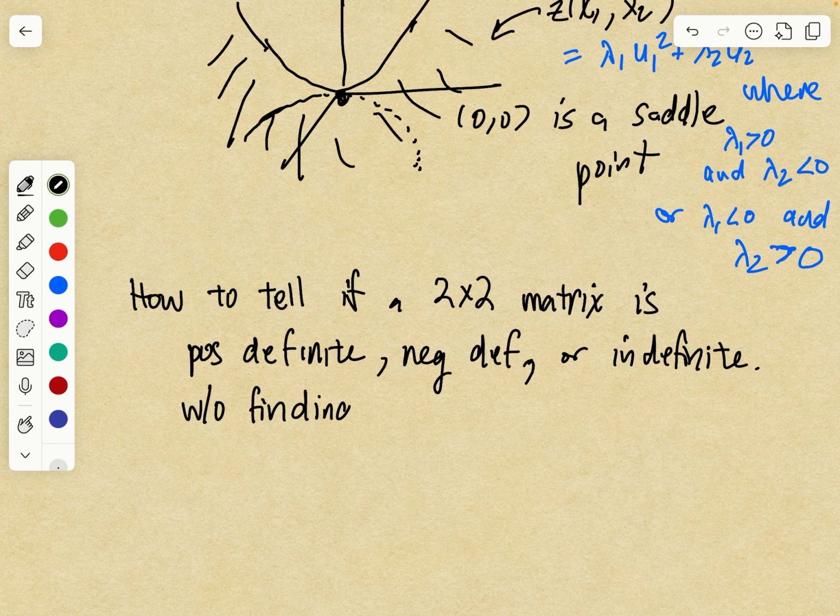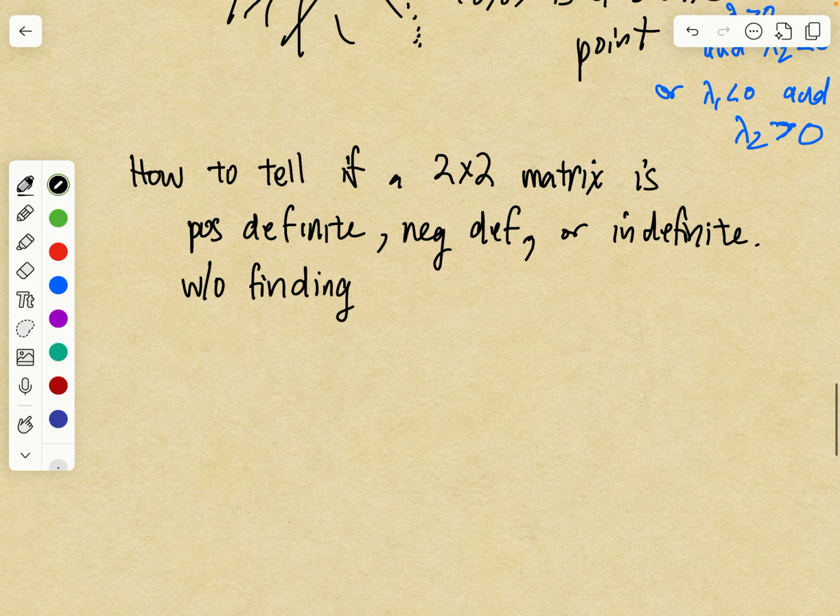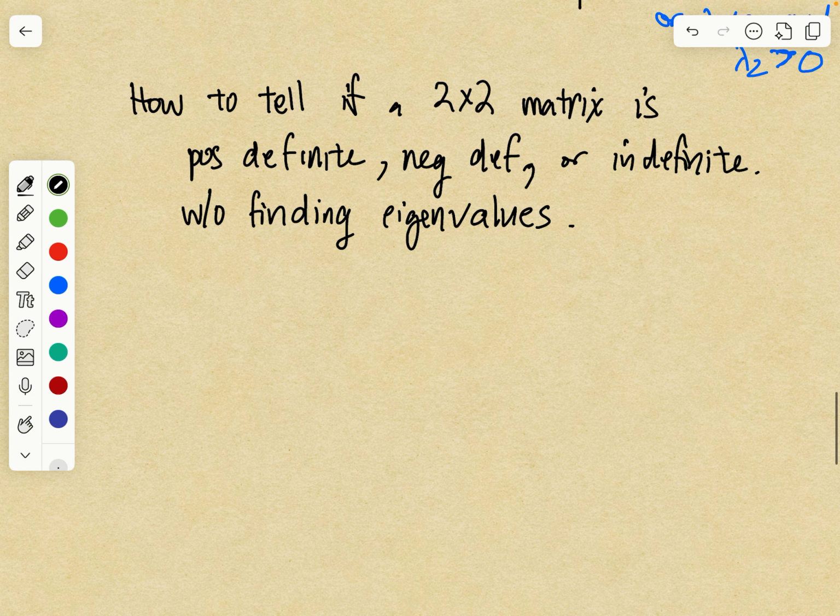Of course, for a 2 by 2 matrix, it's not hard to find the eigenvalues because you can just use the quadratic formula. But we'll find a criterion that makes it a lot easier. So we're going to stick to invertible matrices.